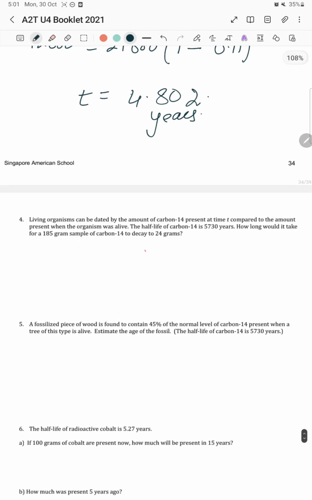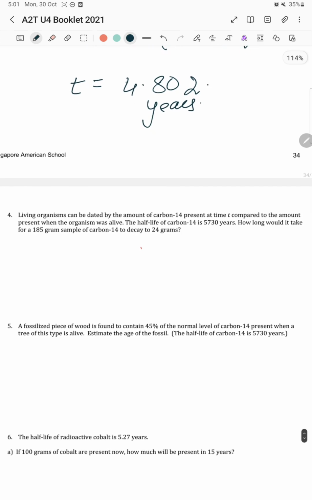Living organisms can be dated by the amount of carbon-14 present at time T compared to the amount present when the organism was alive. The half-life of carbon-14 is 5730. How long would it take for a 155 gram sample of carbon-14 to decay to 24 grams? So it's decaying to 24 grams and the total was 185, and it's the half-life T by 5730.